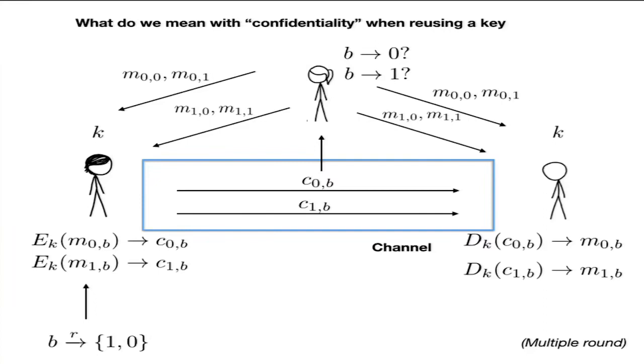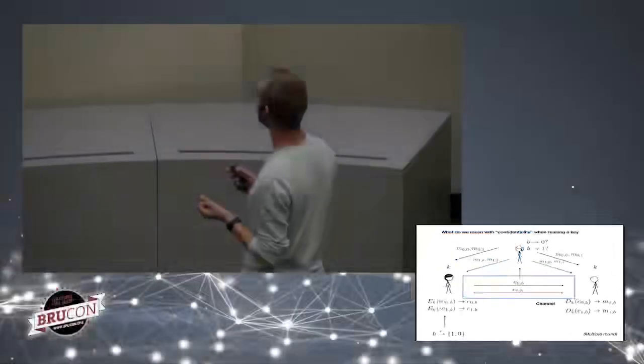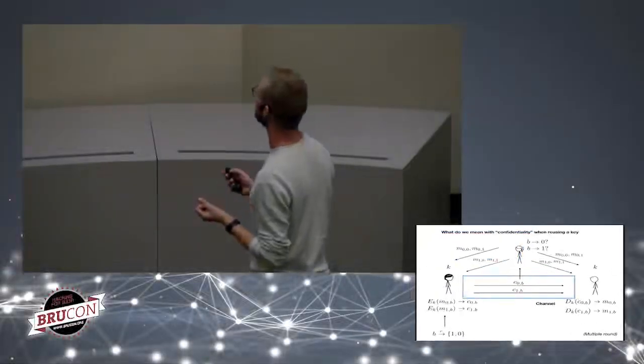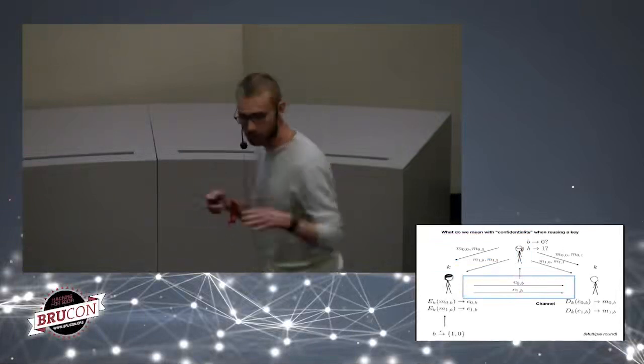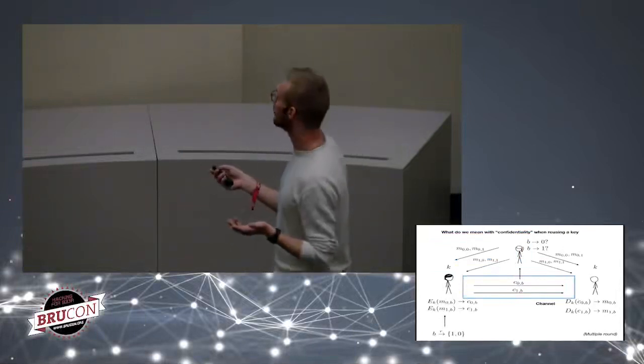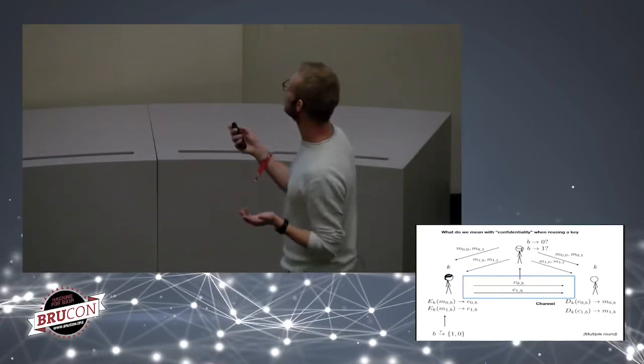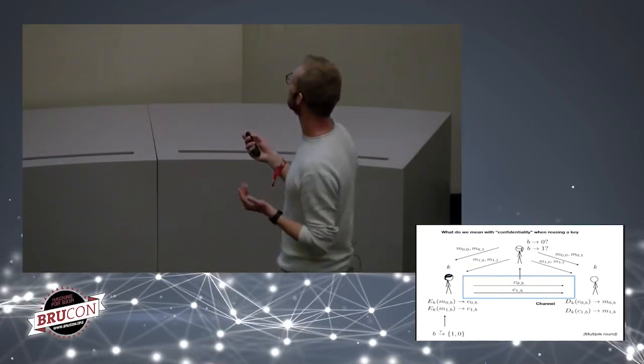Eve is going to firstly submit two messages, just like we had with the previous model. So she's going to submit M00 and M01. Alice, receiving this information, will encrypt message M0B, where the B is again the bit being sampled randomly from the set here, and she will compute C0B.